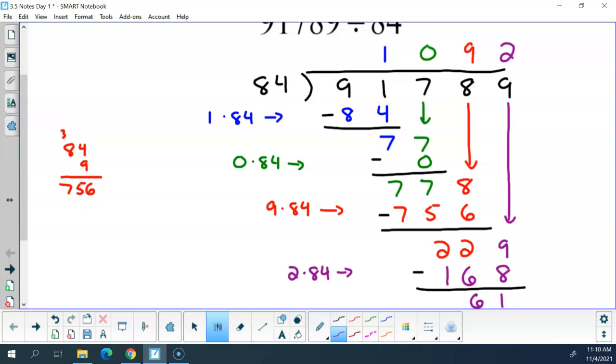Okay, so now what do we do with the 61? Oh, decimal place? No. Okay, so how do we write it though then? R61. Yep, exactly. So the answer here is 1,092 with a remainder of 61.